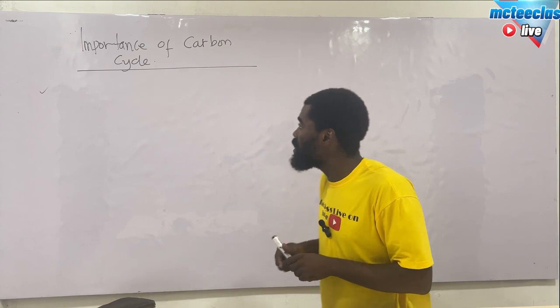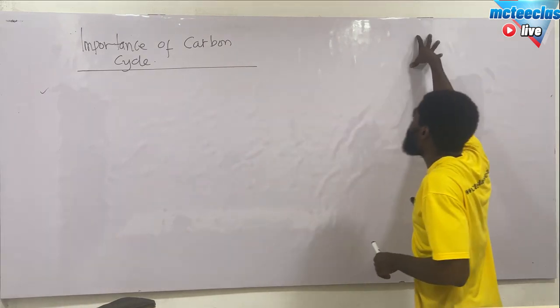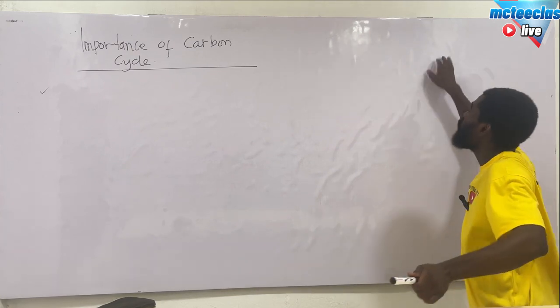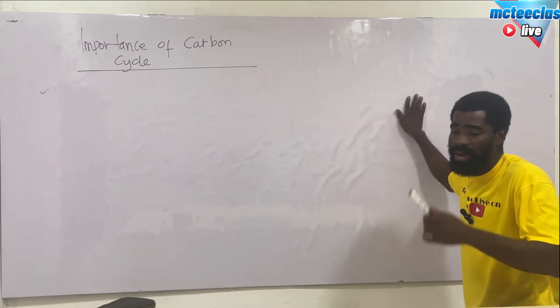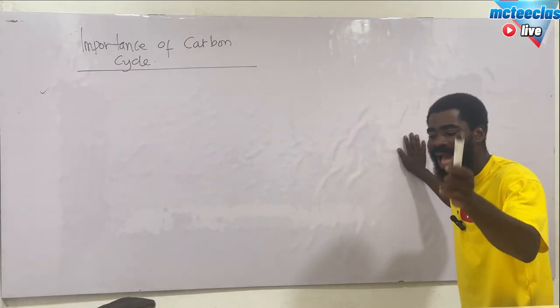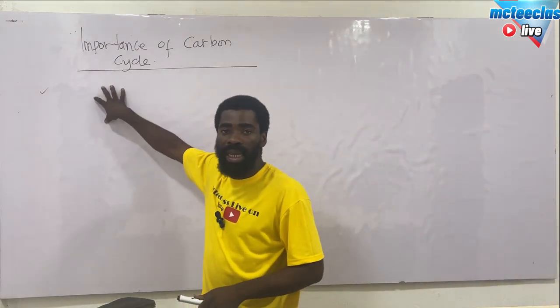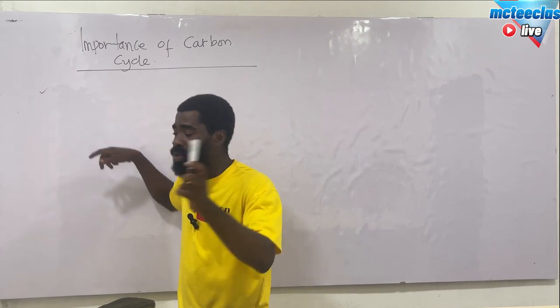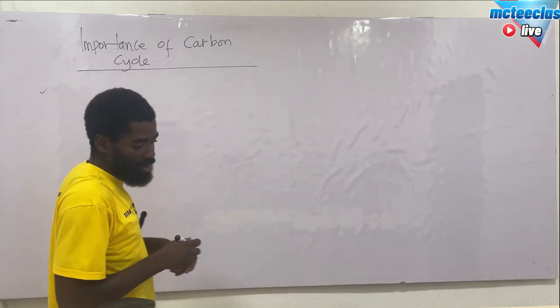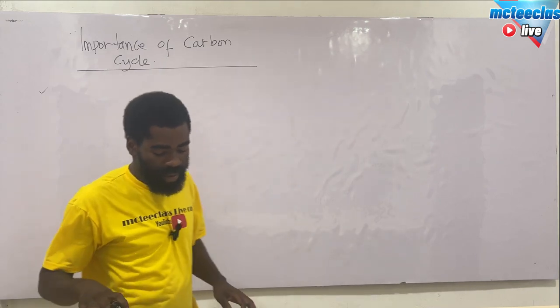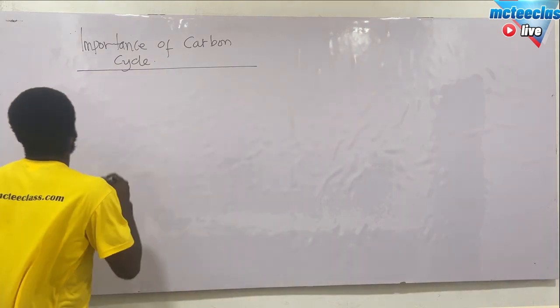Remember that in the processes we mentioned, there are three stages that release carbon into the atmosphere. They're important because if these don't release carbon dioxide into the atmosphere, how would the plants get the carbon dioxide to prepare their food? So it's very important.